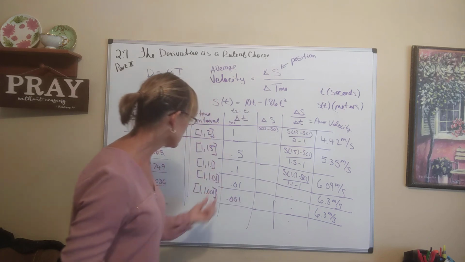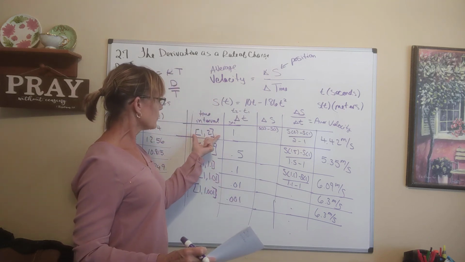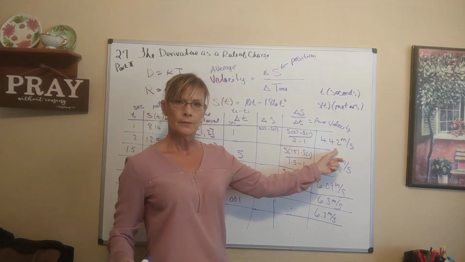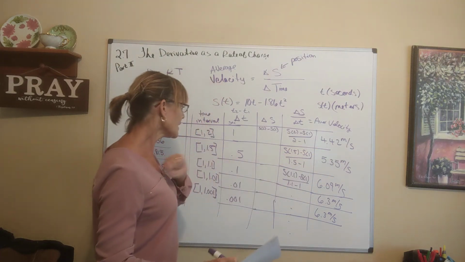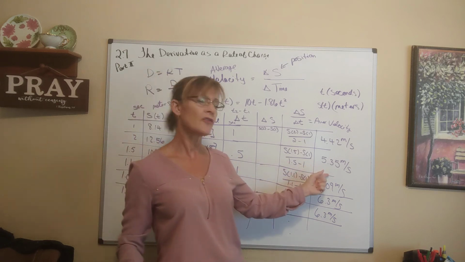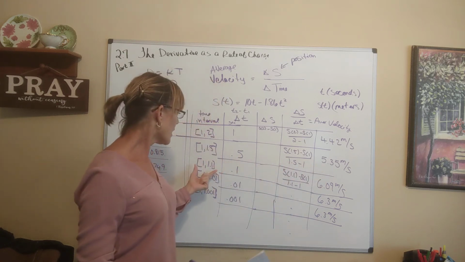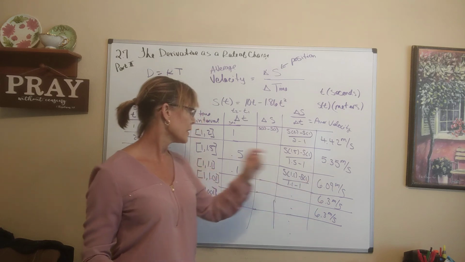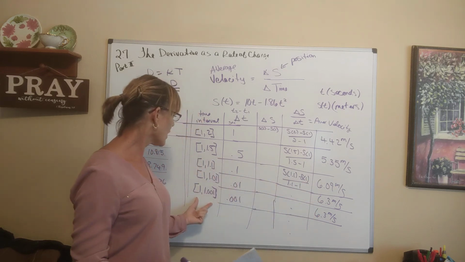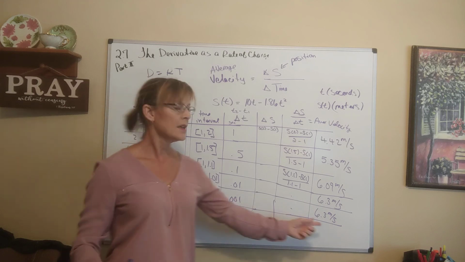The average velocity from 1 to 2 seconds is 4.42 meters per second. The average velocity between 1 and 1.5 seconds is 5.35. Between 1 and 1.1 is 6.09. Between 1 and 1.01 is 6.3, and between 1 and 1.001 is 6.3.